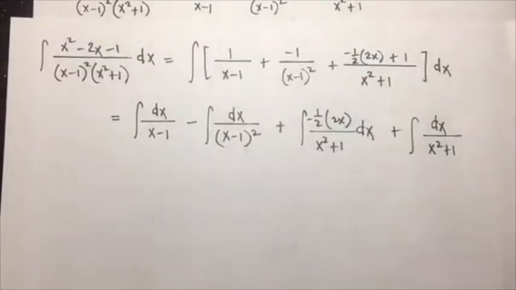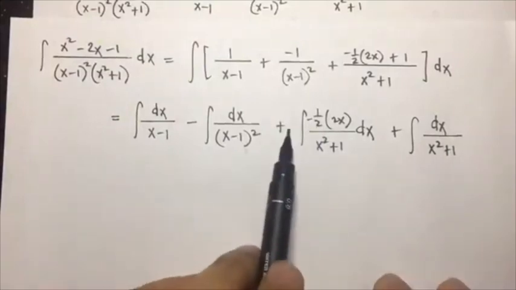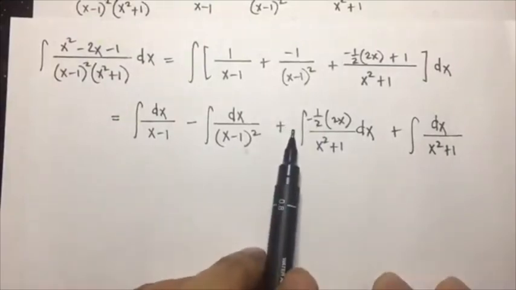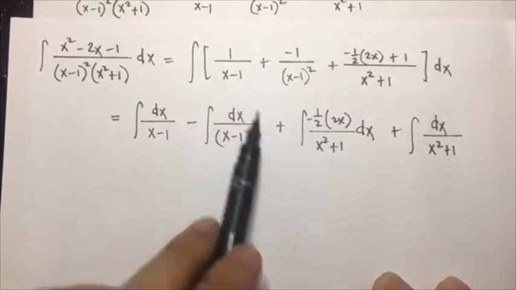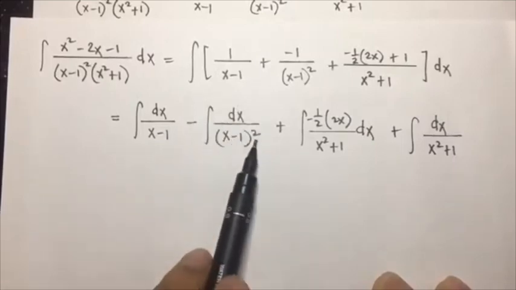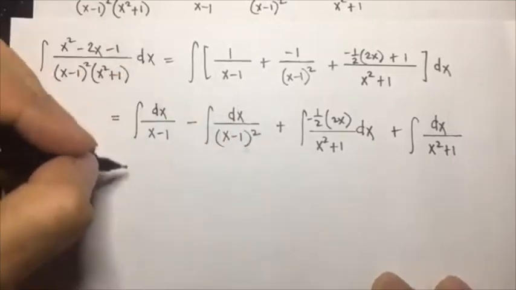As you can see, we have here a numerical coefficient, so we can take that outside the integral sign. Also here, this can be solved using the general power formula, where n is equal to -2, so we'll transfer that to the numerator.